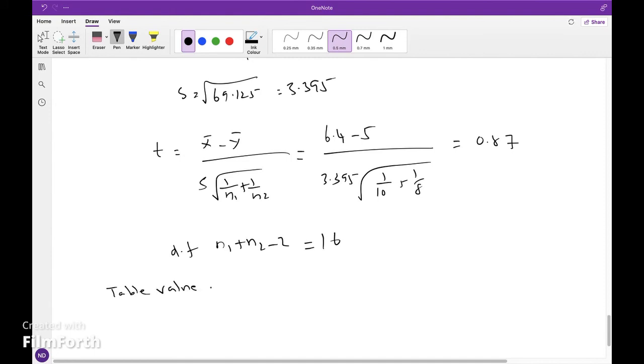Table value of t for 16 at 5% level is 2.12.